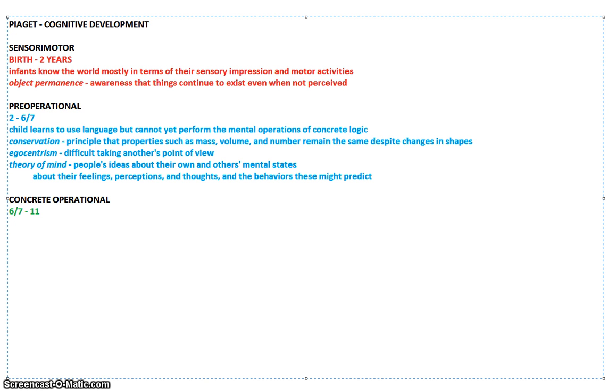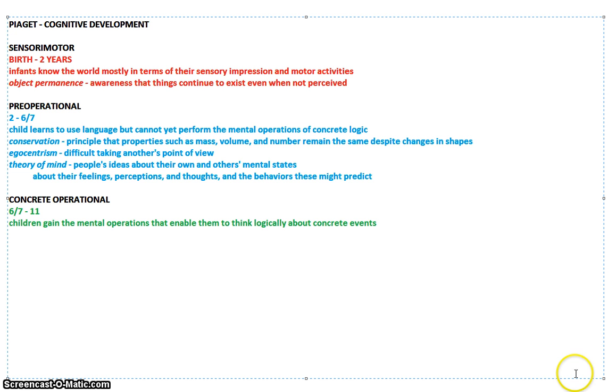And what happens in the concrete operational stage is that children gain the mental operations that enable them to think logically about concrete events. So they become very logical thinkers in this stage. Basically, once you can pass the theory of mind test, once you can pass the conservation test, you are in the concrete operational stage. We're not going to go into as much detail about that stage.